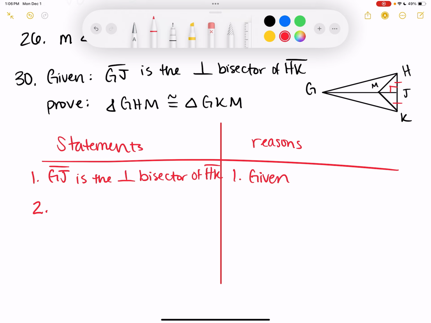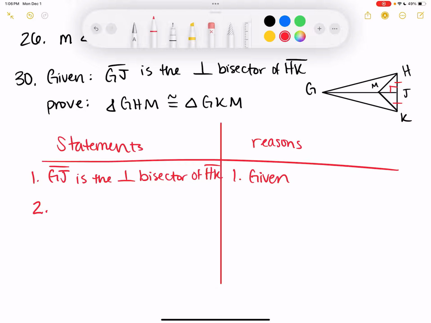All right, so obviously, I can see in here that JH is congruent to JK. I don't really need to rewrite that. That's not really going to help me with what I'm trying to show, right? So, what else do I know to be true, perhaps about GH and GK? Yep.